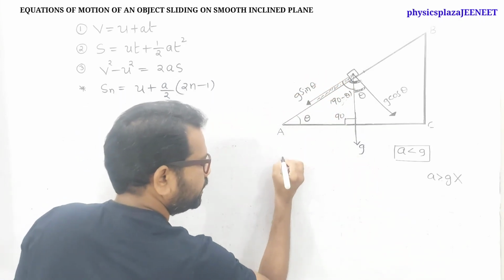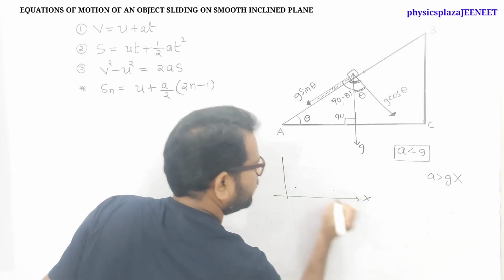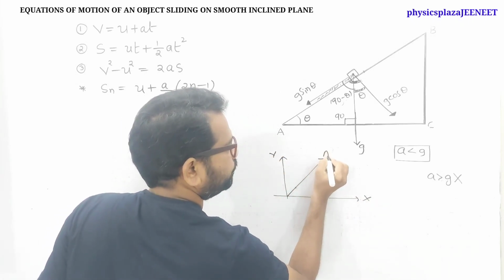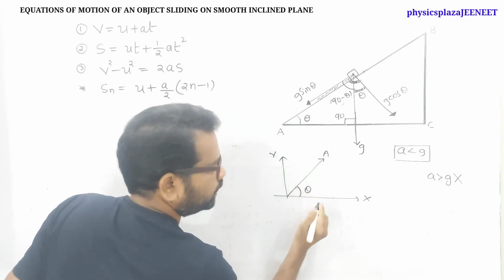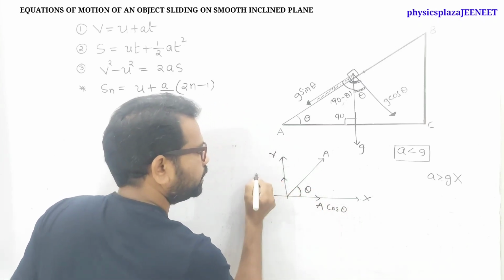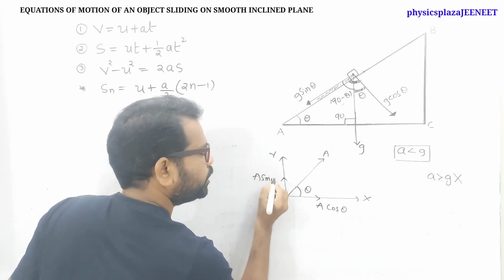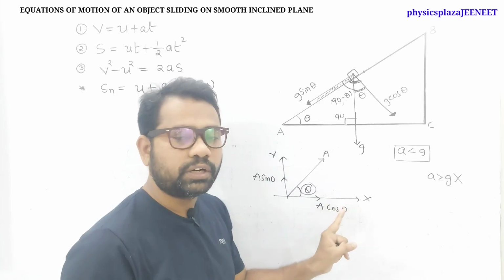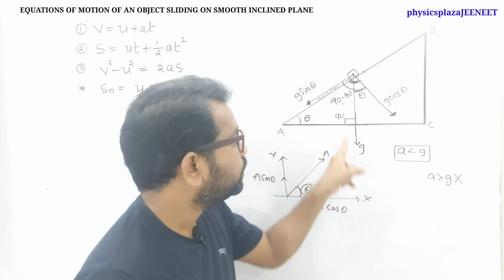Previously we discussed, look here. It is an x axis, it is a y axis. It is a resultant vector, let us say A, making an angle theta. So this will be the A cos theta component and this will be the A sin theta component. You have to see the angle. It is not like vertical or horizontal. We have to see only the angle.